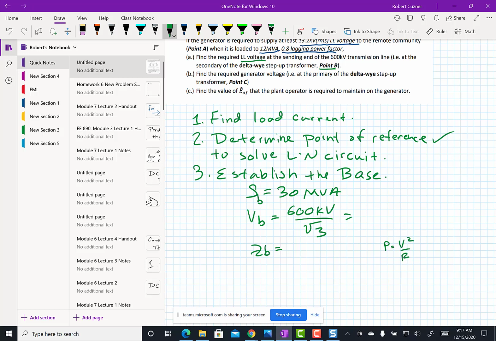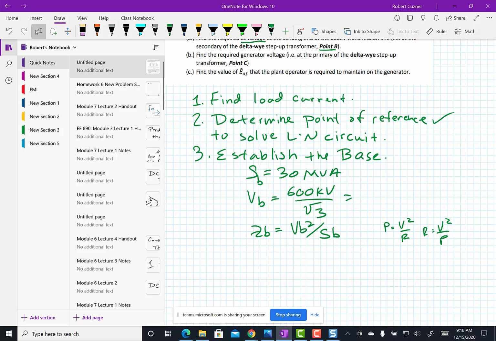So if I rearrange this, R would be V squared over P. I always go back to Ohm's law to make sure, because you can't remember everything. Z base, if I don't want to do an extra step, is simply V base squared divided by S base.